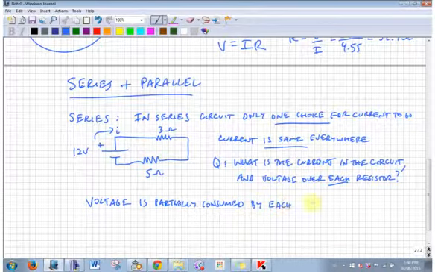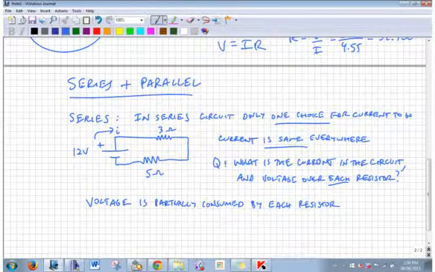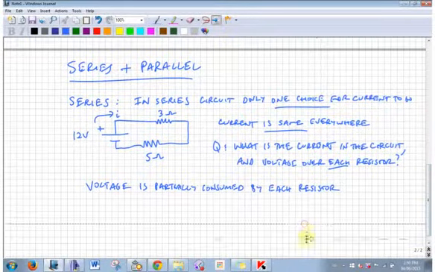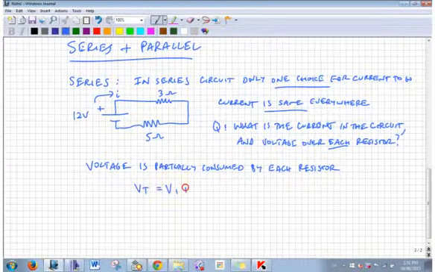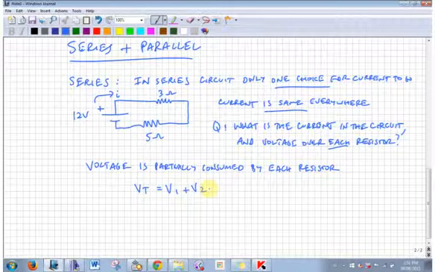So the voltage is partially consumed by each resistor. Now, if they were the same resistance, I think we could assume that then the voltages would be equal. But they're not. Okay, so there's a disproportionate amount of voltage in each one. Okay, but the total for a series is a sum of all the voltages consumed in the circuit.